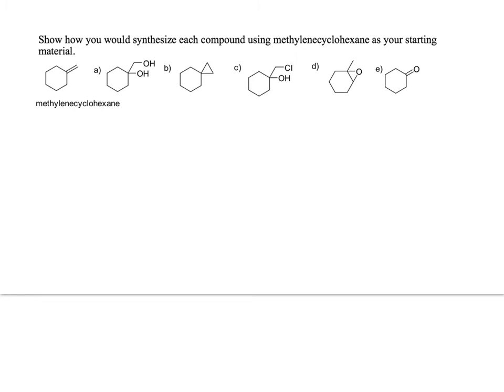Show how you would synthesize each compound using methylenehexane again as your starting material. Okay, so the first one we make is a diol. So the diol reagents are, you can use potassium permanganate. It needs to be cold and dilute.